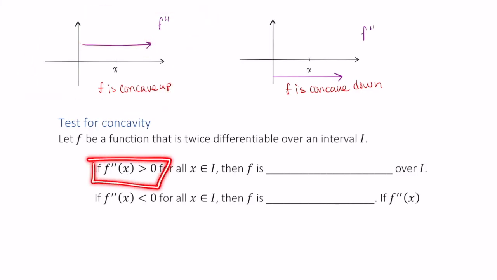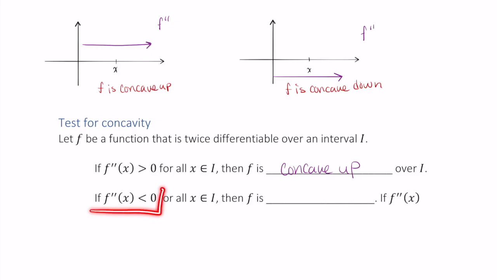So the second derivative of f is greater than 0. And in that case, f, the function, is concave up over the interval. Next, if our second derivative is less than 0, and that's the case here on the right, then f is concave down.